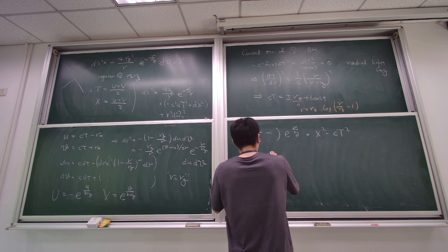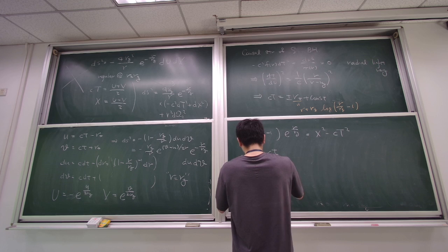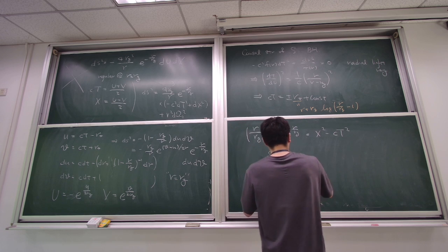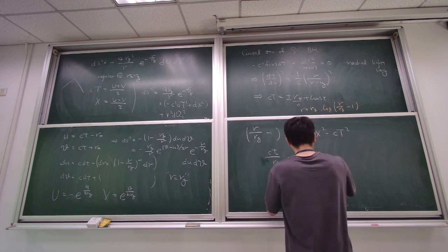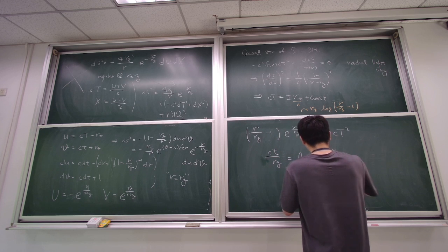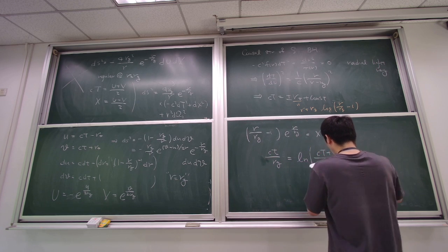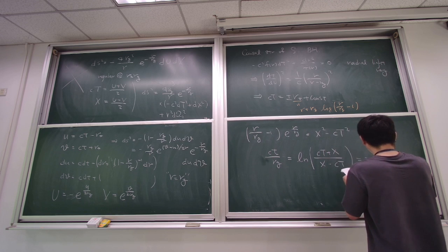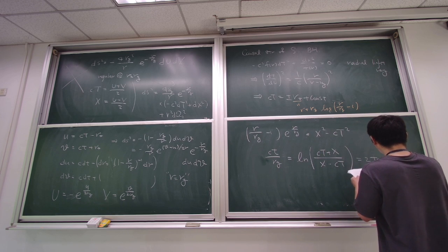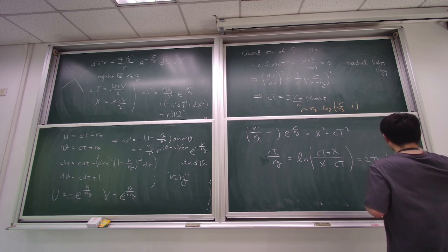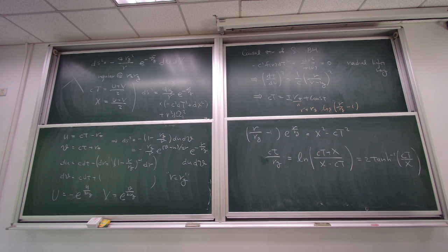And then ct over rg is indeed given by log of (ct plus x) divided by (x minus ct), which is the inverse of tanh of ct over x. So that's the change of variable we will make.